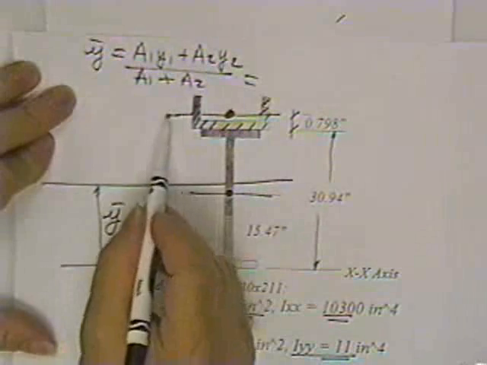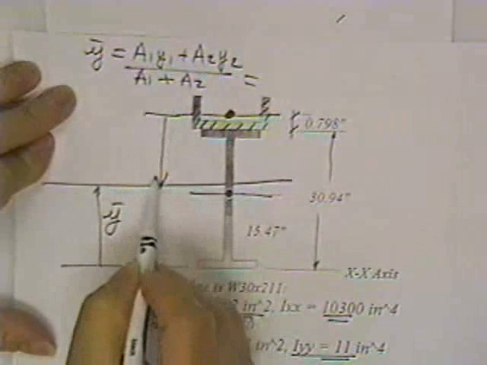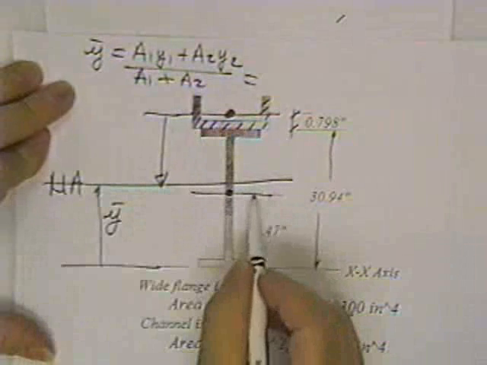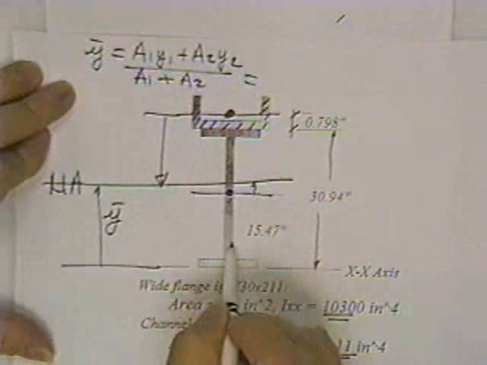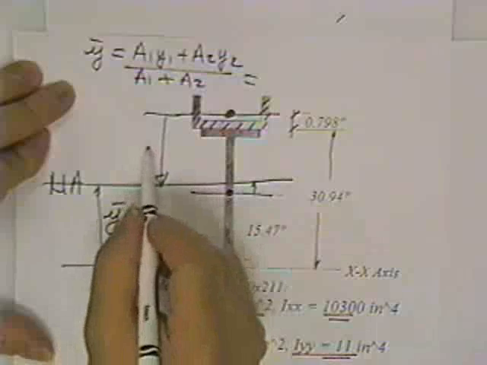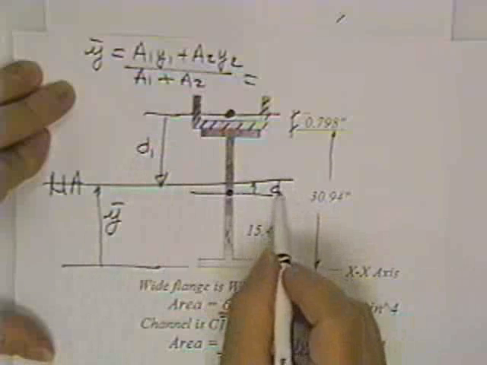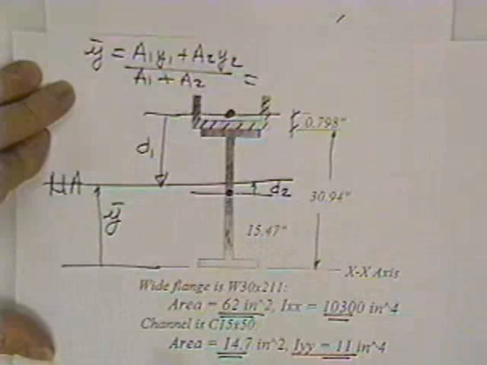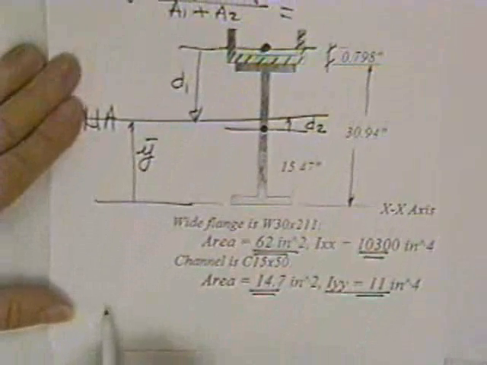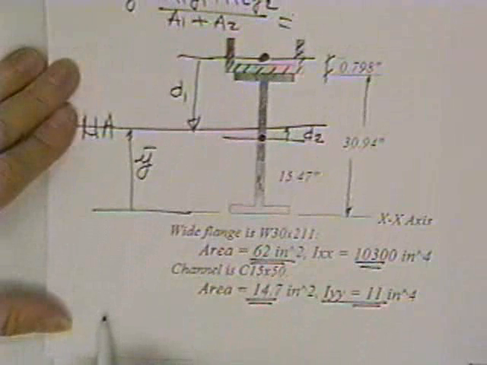Once you know Y bar, you'll be able to find out how far this guy is away from the neutral axis, and how far this guy is away from the neutral axis. This one would be called D1, this one would be called D2, and you simply plug in the same equation. You'll work out 4 moments of inertia.